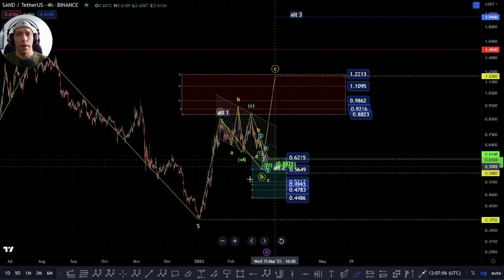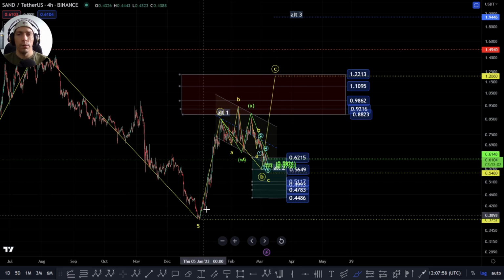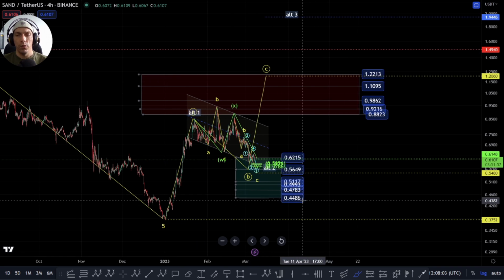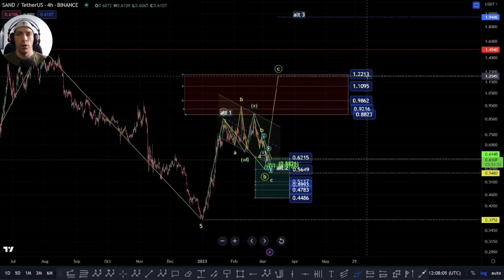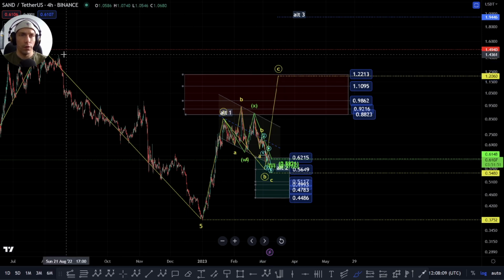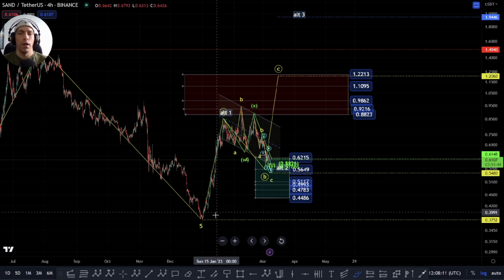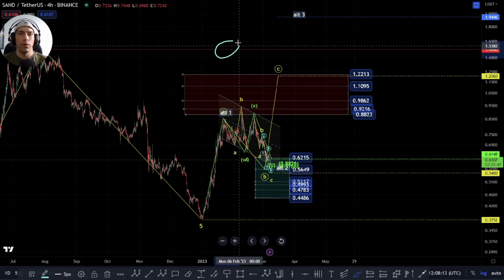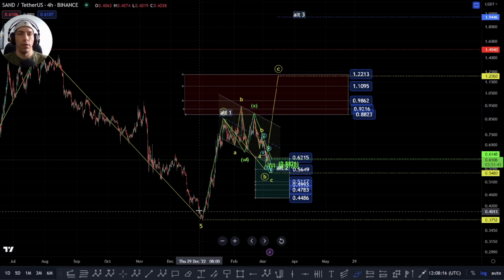But for the most part, if we are looking for this bullish alternative to push to the upside, what we'd want to do is overcome this 122.13 zone. That would be a 786 retracement of this move to the downside. We need to overcome that, and we'd also need to take this high for more clarity.